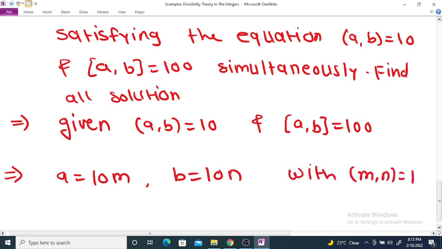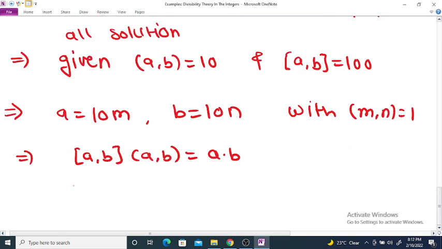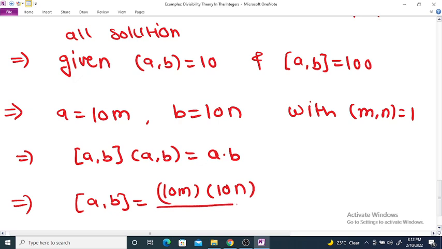Now, as we know that the LCM of A and B into GCD of A and B is equal to A into B, we can write the LCM of A and B is equal to A into B divided by GCD of A and B, which is 10m into 10n divided by 10.